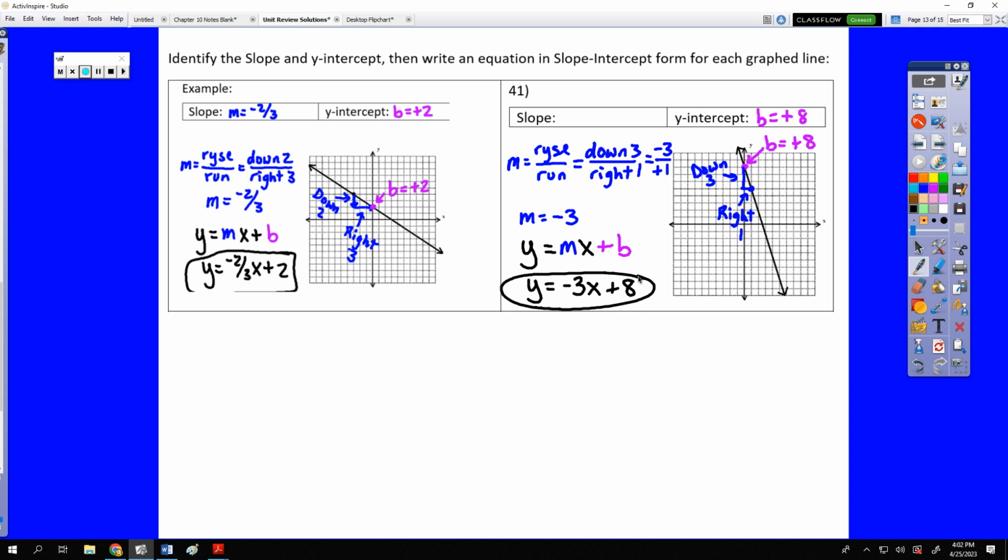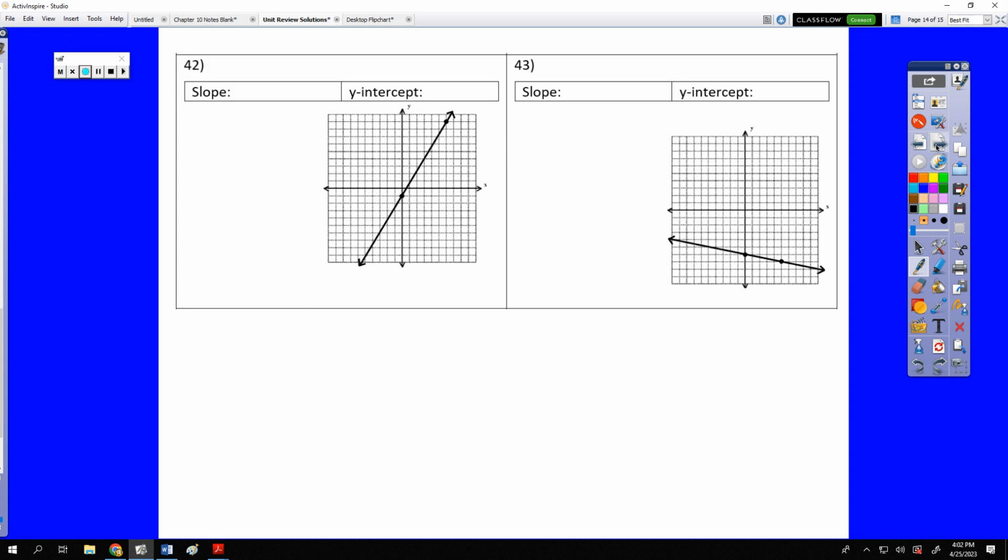Again, you can pause the video at any time if I'm going too fast. On number 42, again, we need to start by figuring out where we're crossing the y-axis. We are crossing the y-axis at b equals negative 1. Then we need to use rise over run to figure out the slope.